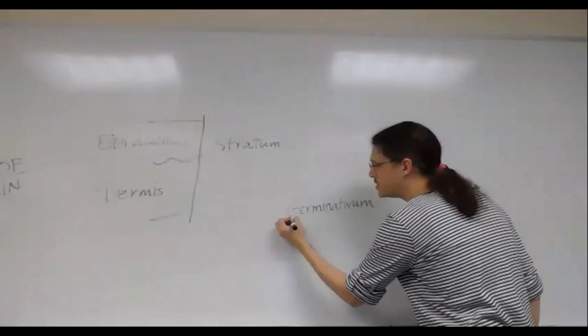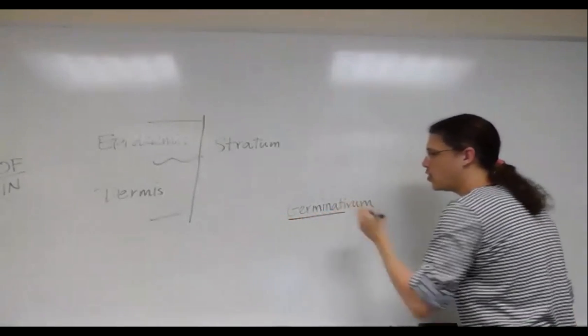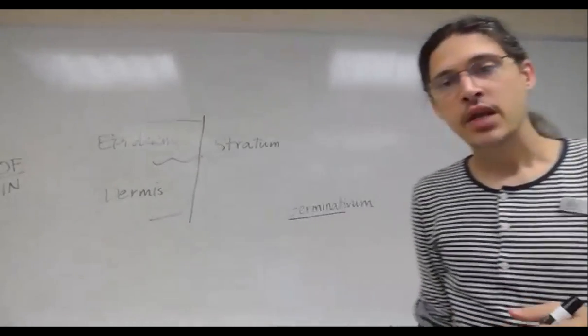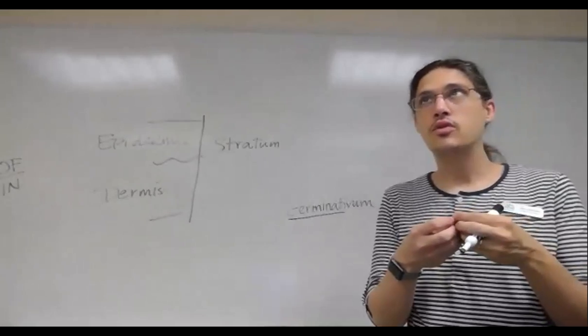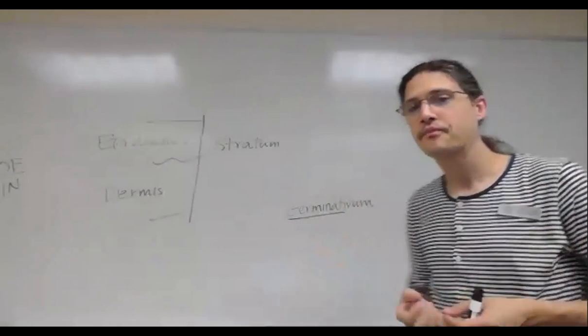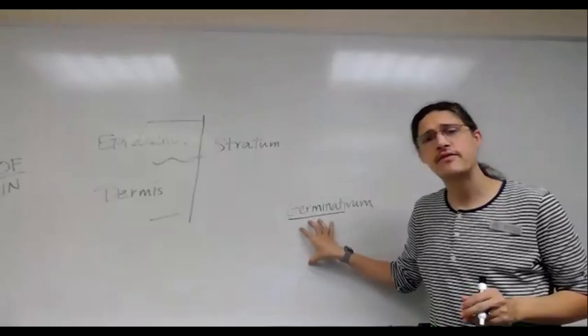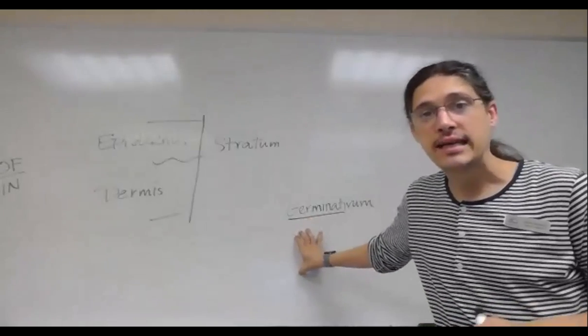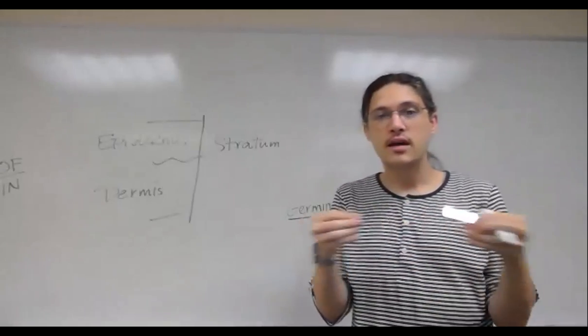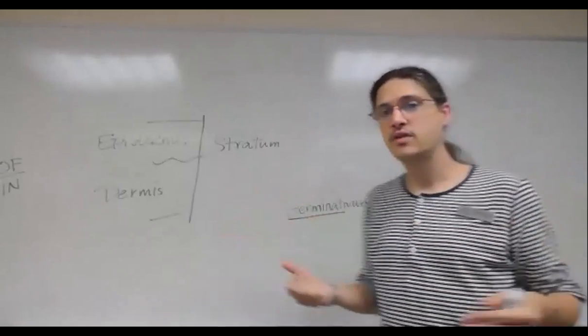So when we look at this root, germ or germinate, we talk about plants germinating. To germinate is to reproduce, right? To breed, to multiply. So stratum germinativum is the layer of the skin in which the skin cells are dividing. This is when those cells are actually replicating themselves.